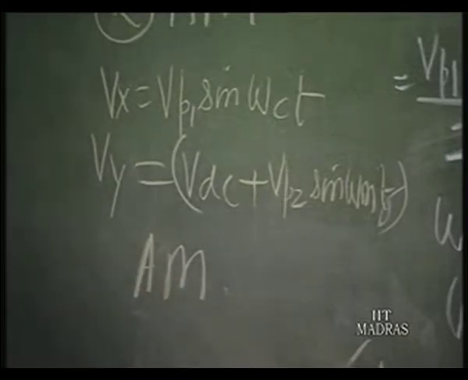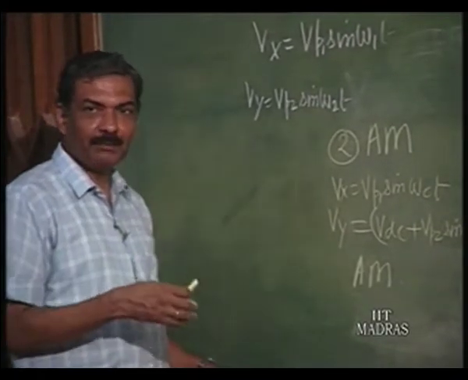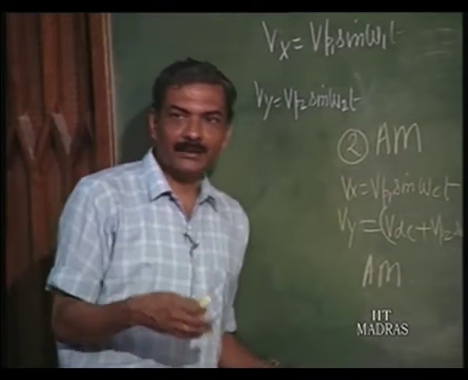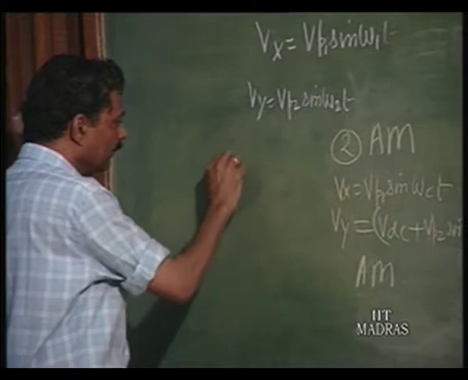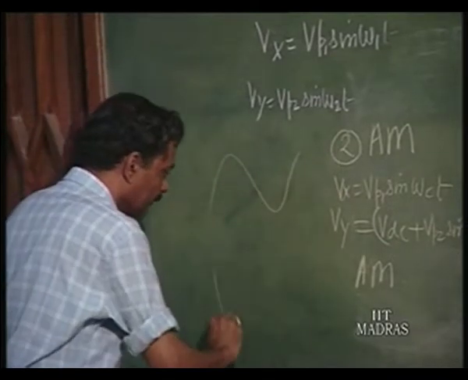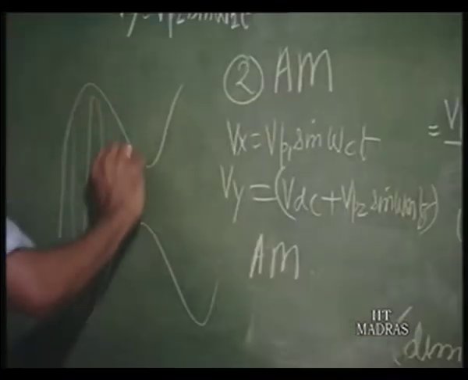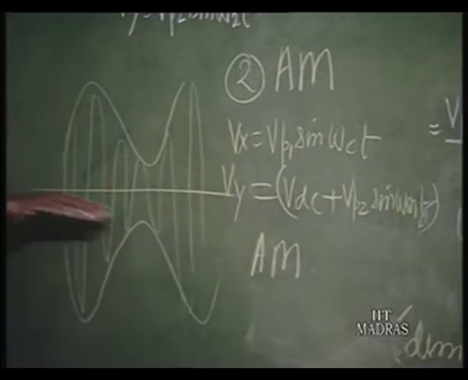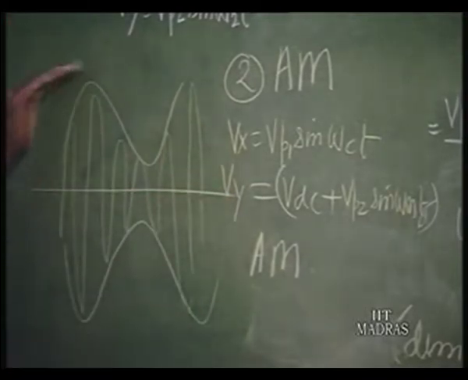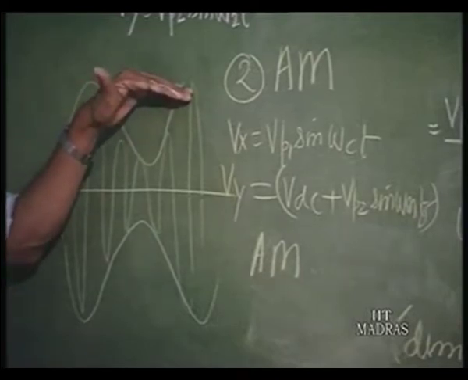What is the advantage of an amplitude modulated signal? As against DSB, you can detect this simply by envelope detection, which is done simply by using a diode. The amplitude modulated signal looks like this, that is the envelope, and the envelope contains the full information. Therefore, you can chop this off using a diode and then put a filter so as to detect only the envelope.